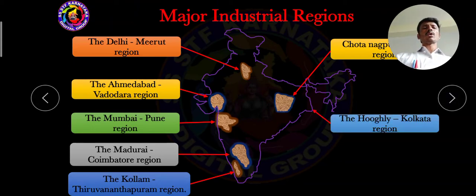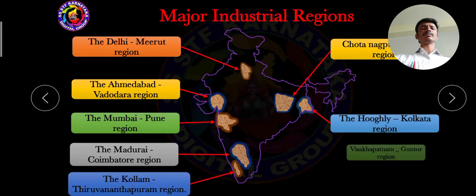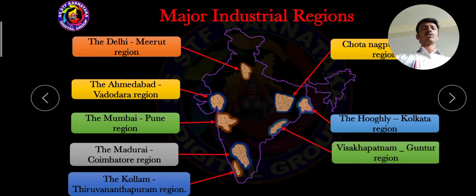Then another one, the Hooghly, which belongs to Kolkata, the Hooghly Kolkata area or region. The Visakhapatnam Guntur region. My dear students, this is the Visakhapatnam Guntur region. So we have to properly keep in our mind, these are the very important 8 major industrial regions.